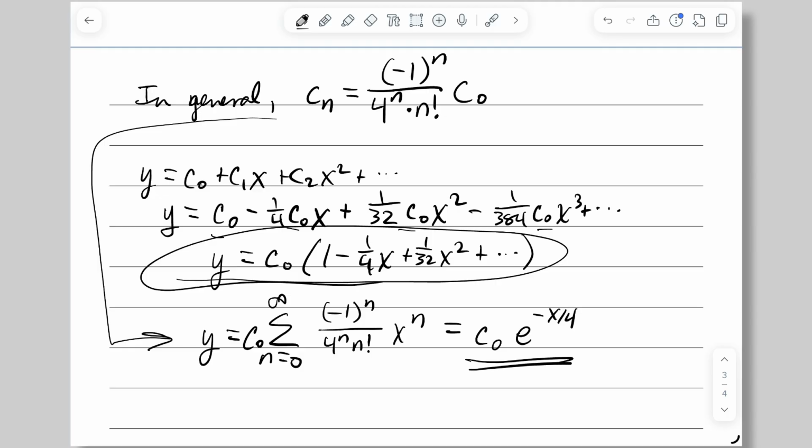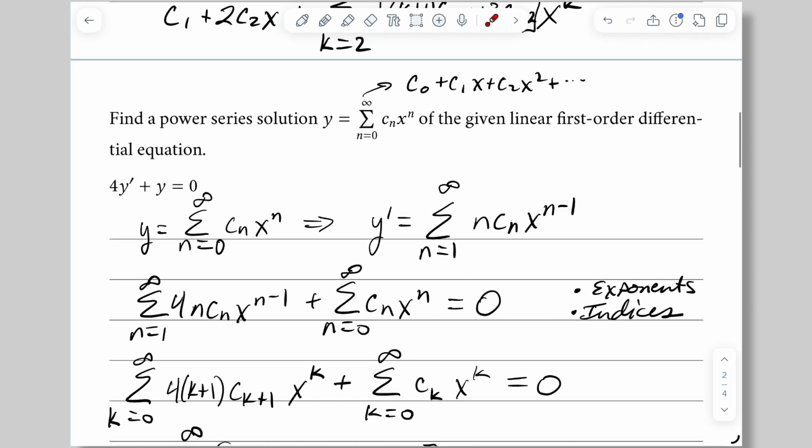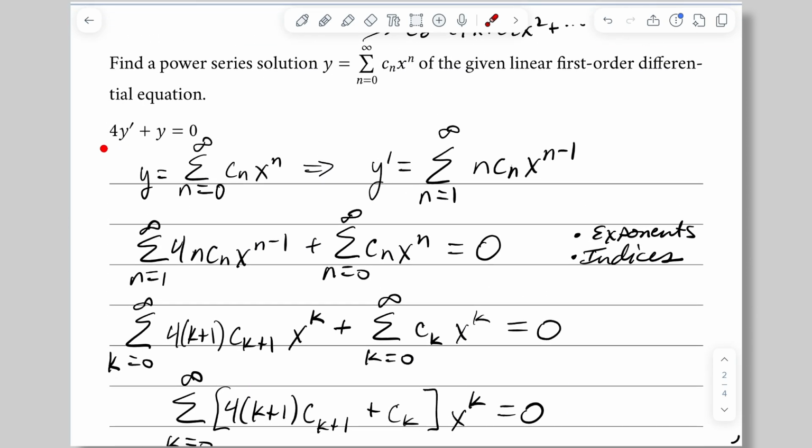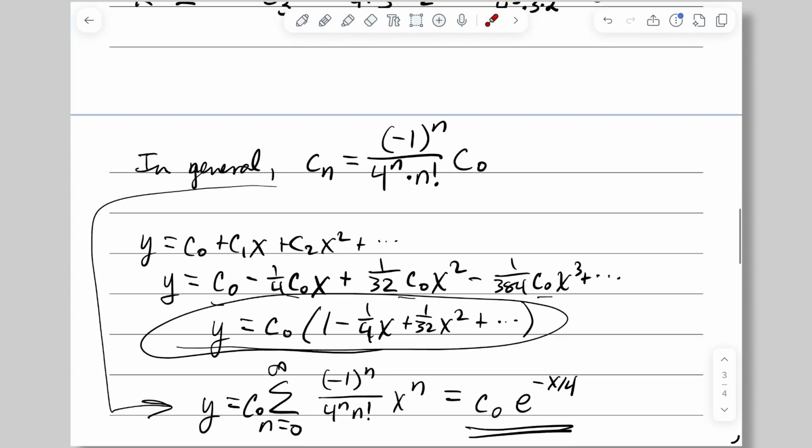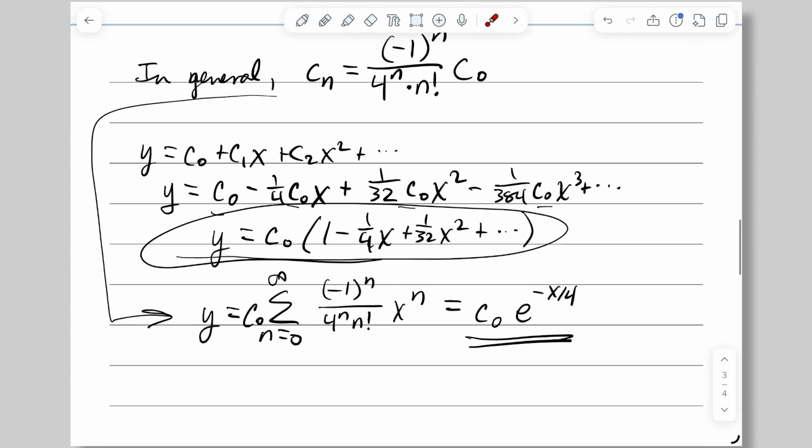Don't expect a nice, tidy, closed form solution for most of what we're going to see in this chapter. I brought it to this point because if you wanted to check your answer, you could. 4y prime plus y equals 0 can be solved using an auxiliary equation. But believe me, most of the answers for the rest of the chapter are going to be this sum with this dot dot dot.